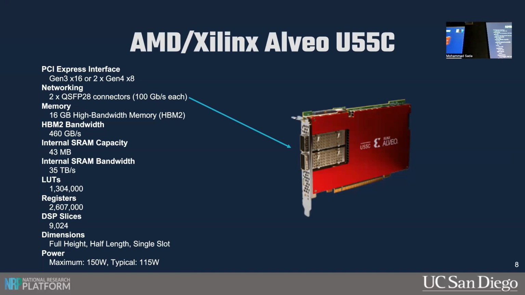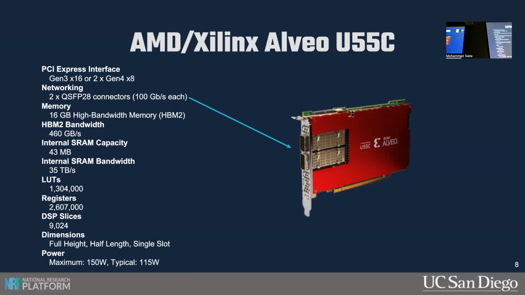We have 32 of these cards, all 32 connected to a Tofino switch right here in SDSC. It's an Edgecore for 100 gig. The Tofino switch itself is P4 programmable, and these cards are also P4 programmable and P4 capable.